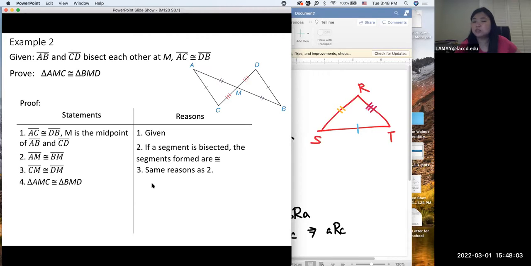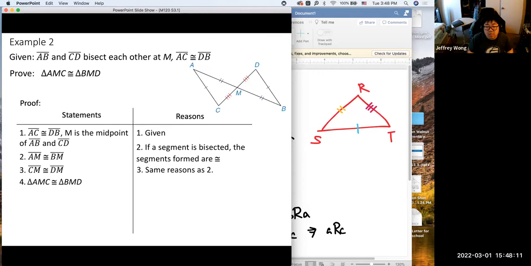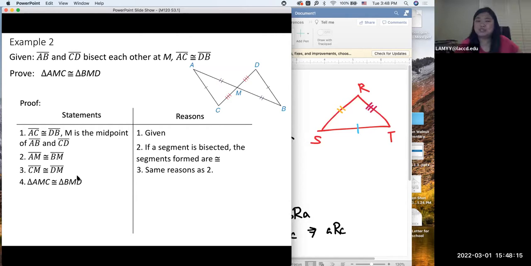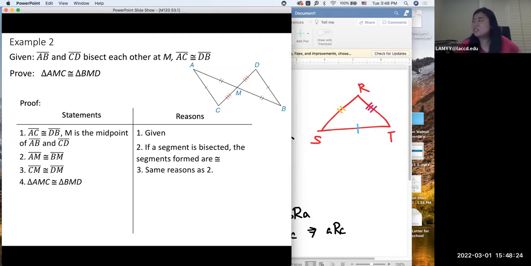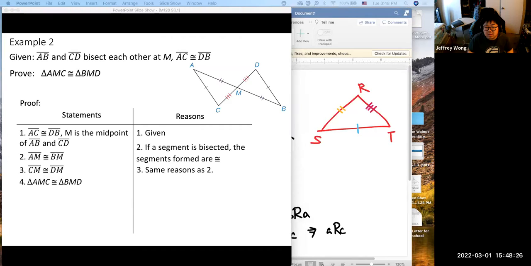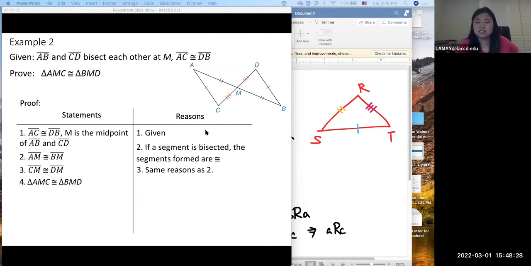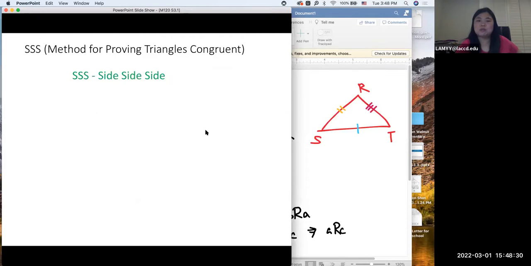What is the reason? Corresponding parts are congruent. In your notes, go back here.